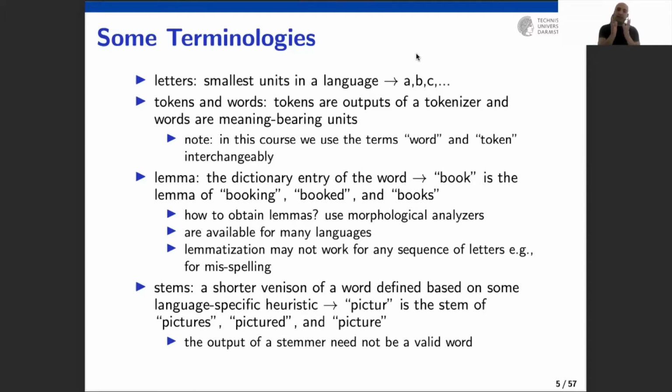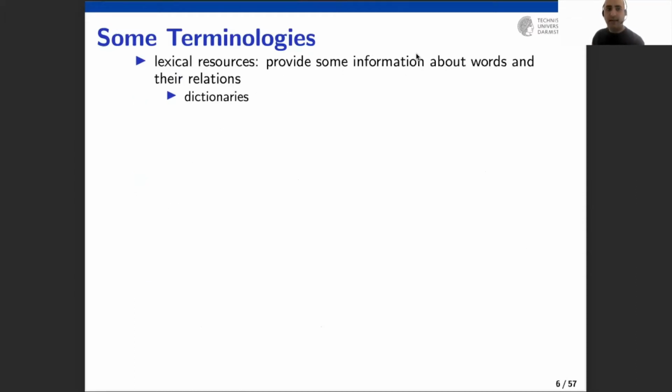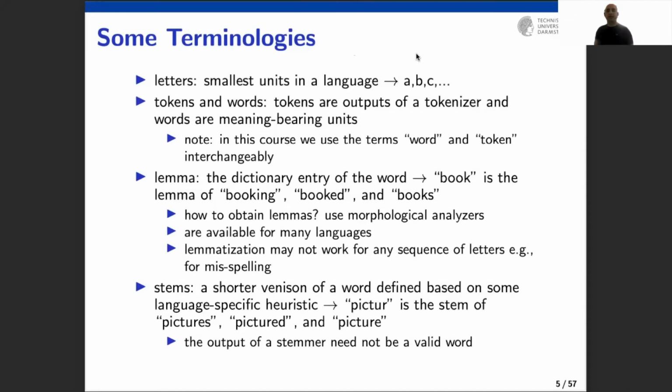But it is the smallest unit of a word that is common among different morphological versions of the word. The good thing with stemmers is that they work even if there are some misspellings in the words. So that's why we usually use stems.